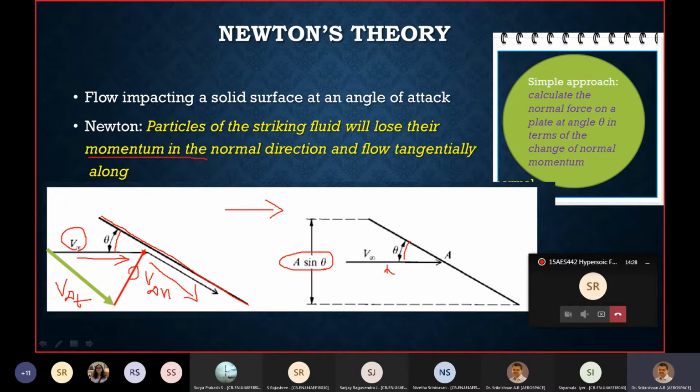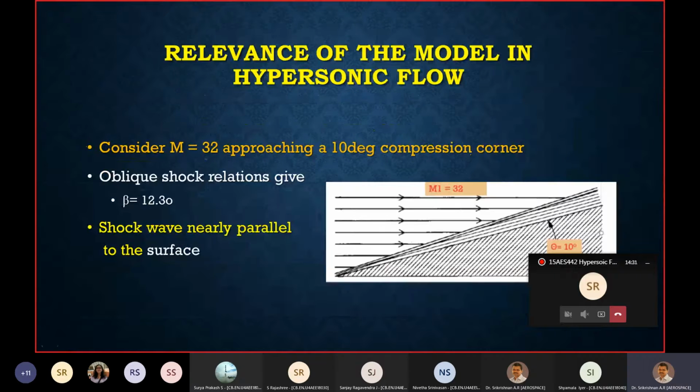Now let's go to the application of this. I will come back to the derivation, but for a moment I'll just pause from here and take you to what we mean by this in hypersonic flow. We'll come back to the derivation, but I want you to keep the hypersonic application in mind.